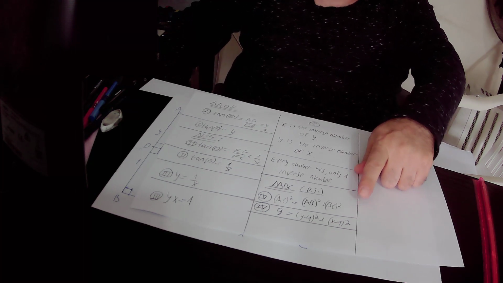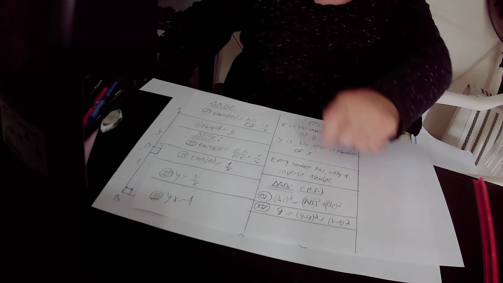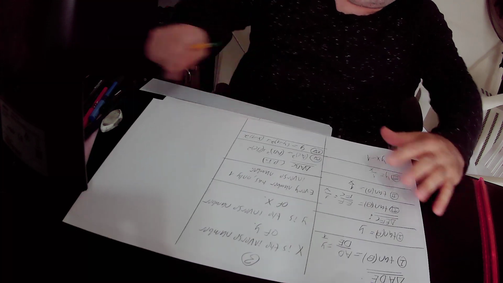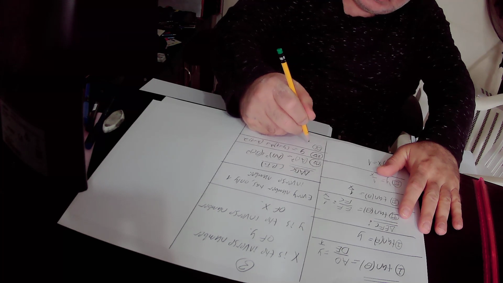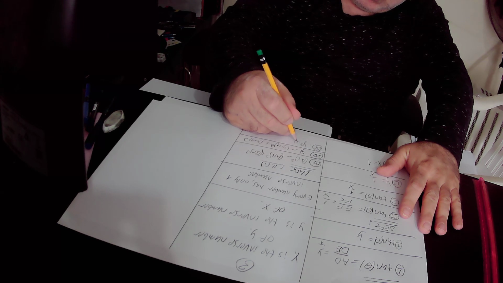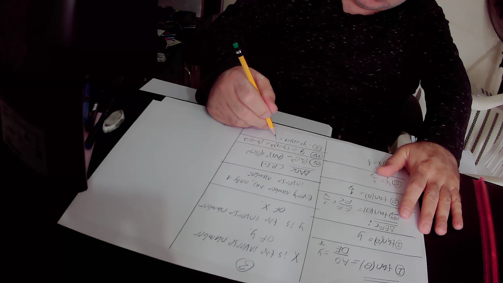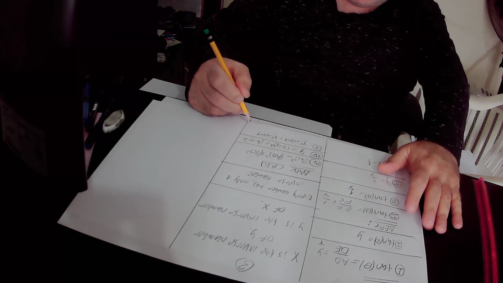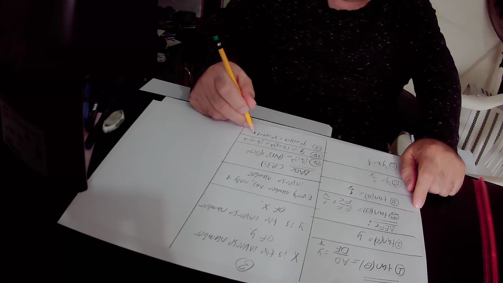plus 1) squared. Here we will open the brackets on this side of equation number 4, and we will get that (y plus 1) squared is equal to y squared plus 2y plus 1, and (x plus 1) squared equals x squared plus 2x plus 1, and on the other side of equation number 4 we have 9.